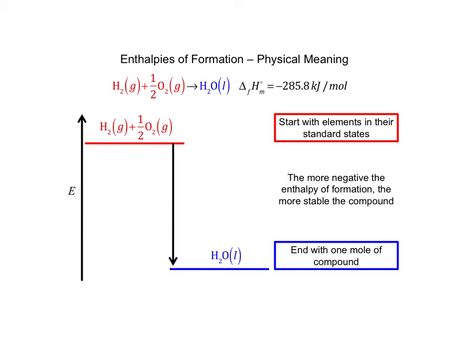And so, for example, water is formed from hydrogen gas and oxygen gas mixing together, and that reaction is exothermic. And so that tells us that water liquid is more stable, has a lower energy than hydrogen gas and oxygen gas in their elemental forms. Now, the more negative the enthalpy of formation, the more stable the compound.